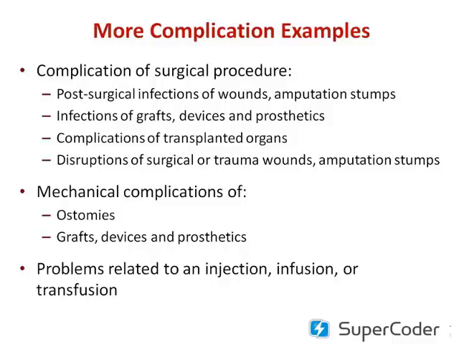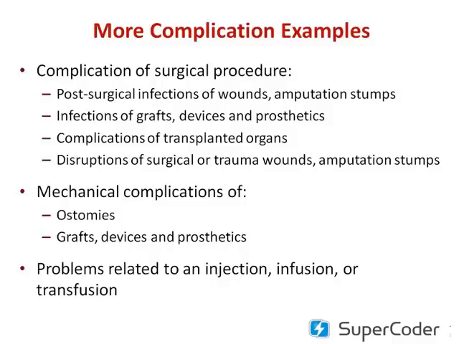If the problem is a general infection of the incision line or the surgical incision, the code would be 998.59. But then we have those more specific codes, like an infection of an amputation stump would be 997.62.